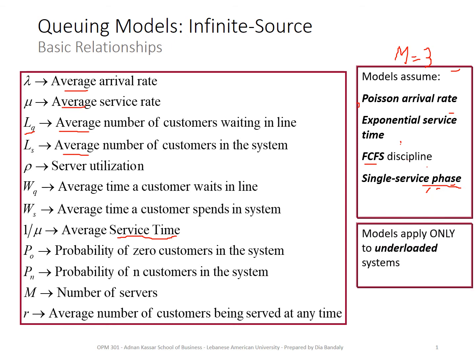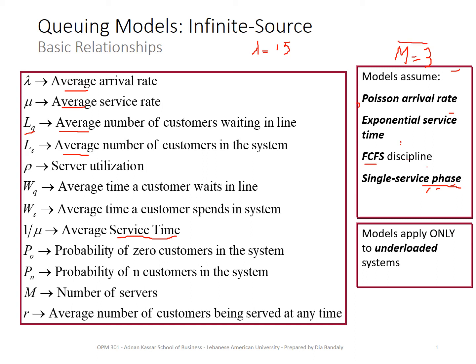The second is that in order to use the models, the system should be underloaded. Okay, what does it mean? This is also very important. Remember, we said lambda is the average arrival rate. So in the previous illustration, I gave you an example that lambda is 15, and we have three servers.